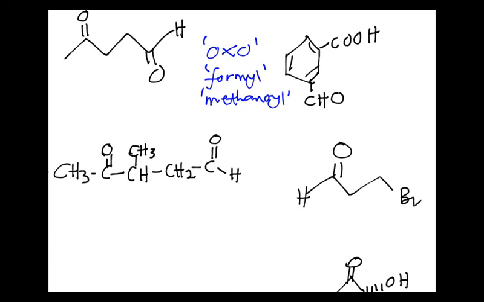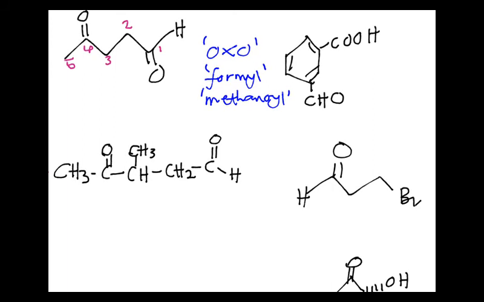So for the first one here, we'll start by counting the number of carbon atoms that form the longest chain. So we have 1, 2, 3, 4, 5. Alright, so the longest chain here with the corresponding alkane is going to be pentane. So in this case, we said that aldehyde has a higher priority than ketone, so it's going to be a pentanal.